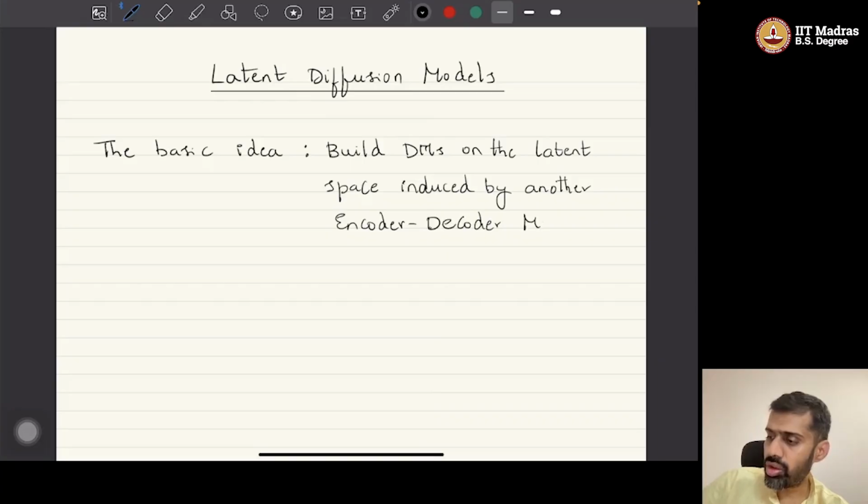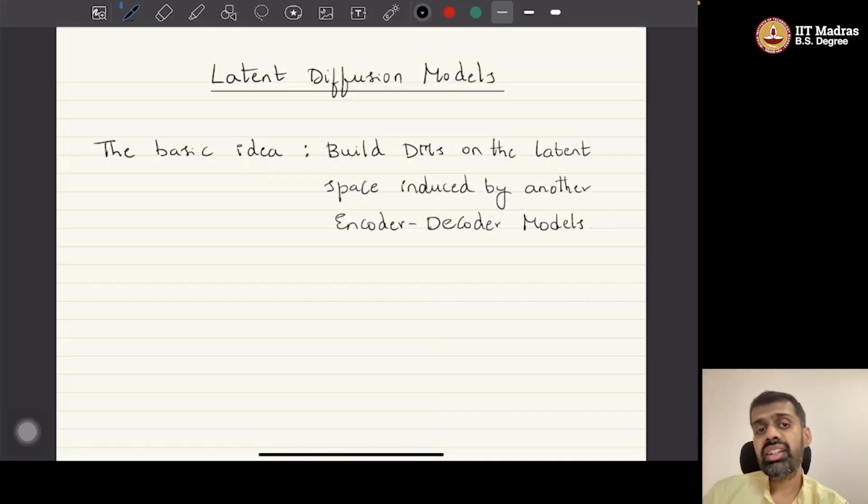So why is this done? If you consider data like images, they typically lie in a very, very high dimensional space, as we know. Creating Markov chains and operating with data in an extremely high dimension creates a lot of issues, in terms of stability and learning the distribution properly and so on.